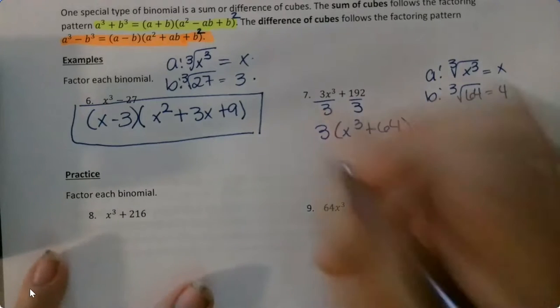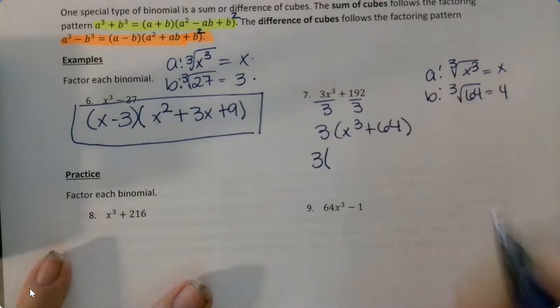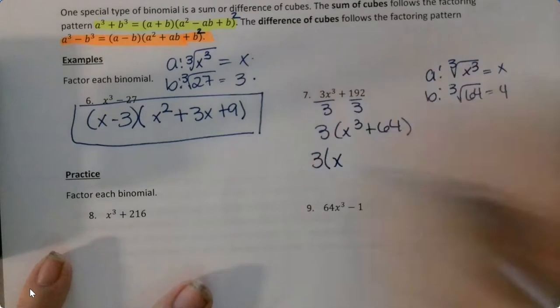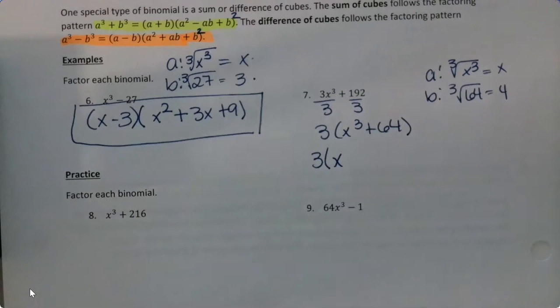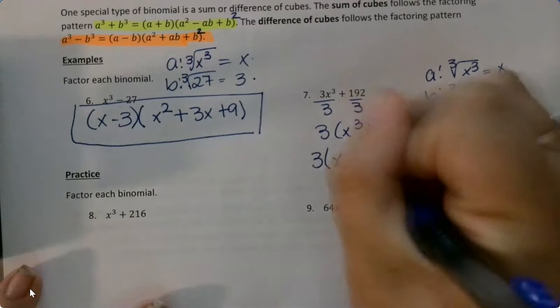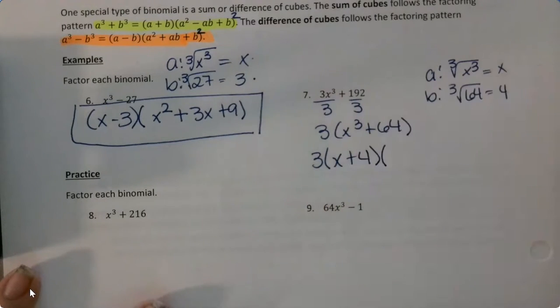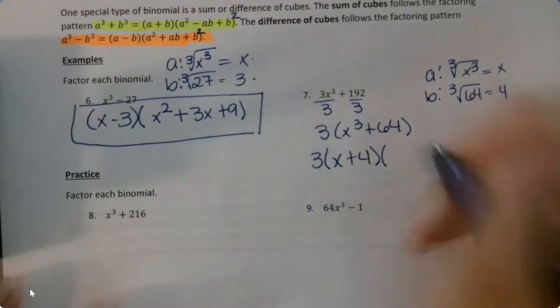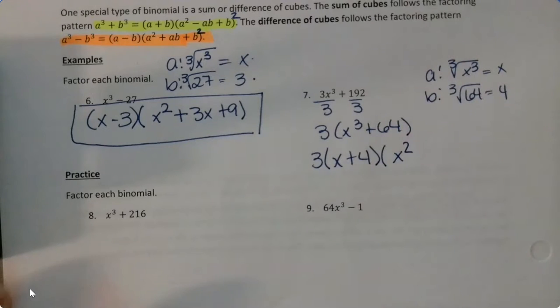And then I can rewrite this. In my first group, first quick question, am I using the yellow or orange highlighted one? Yellow. So I'm going to have x plus 4 in my first set of parentheses. In my second set, I'm going to square my x, so that gives me x squared. Then I subtract for this one.